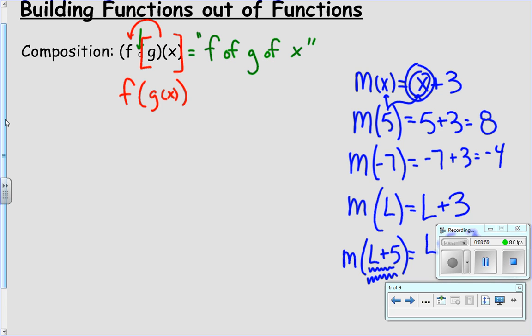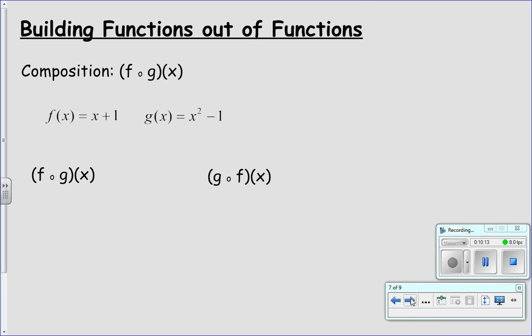If g of x was L plus 5, well, then I just put an L plus 5 into here. I mean, you guys already did that down here. So that's the way we're going to look at it, okay? And that's where people crumble. So we're going to take our same f function and our same g function, and now we're going to do a composition of them. And order does matter.